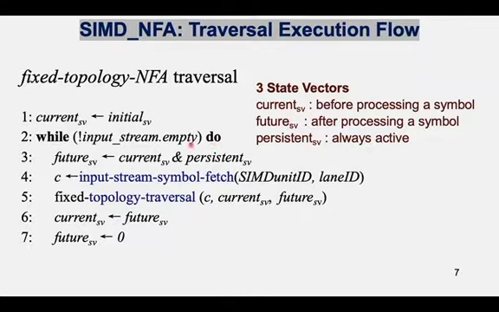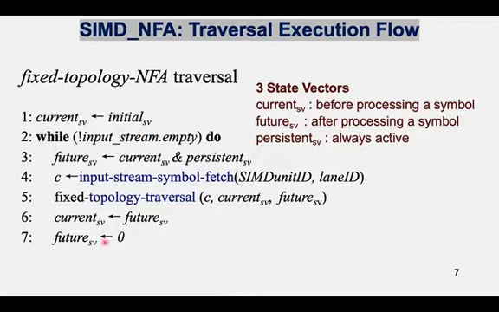On the left side is the fixed topology NFA traversal pseudocode. For each while loop iteration, we first make persistent states active at line 3. We then have each SIMD lane read an input symbol at line 4. Line 5 performs the fixed topology traversal, and line 6 updates the future state vector for the next iteration.